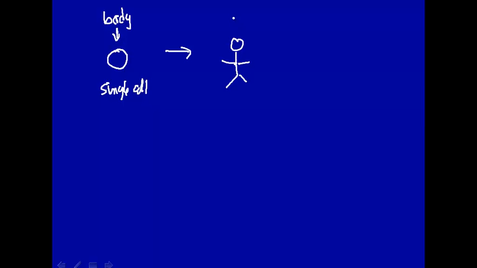All right, let's look at an example of that. Let's look at our bodies. So initially our bodies start as a single cell. All right, and this is our body, and that will have a certain amount of entropy. As we grow, now we've grown arms and legs and all sorts of things.